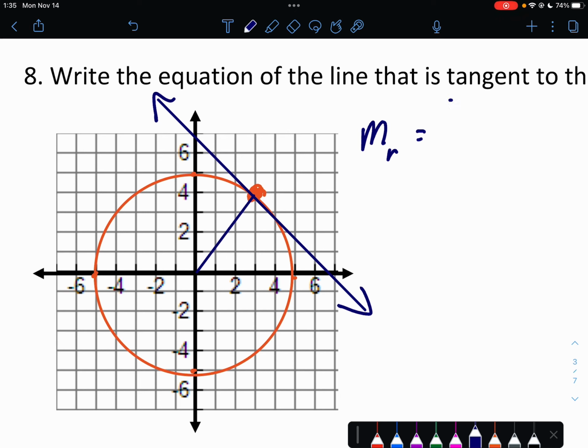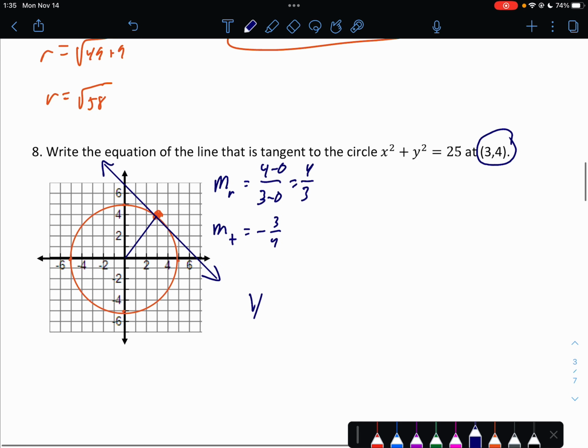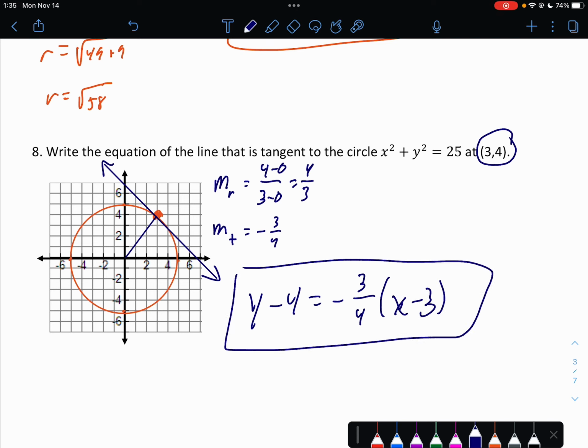So 4 minus 0 over 3 minus 0, which is 4/3. So the slope of the tangent line would be negative 3/4. So my equation then is y minus 4 equals negative 3/4 times x minus 3. You can leave it in point-slope form.